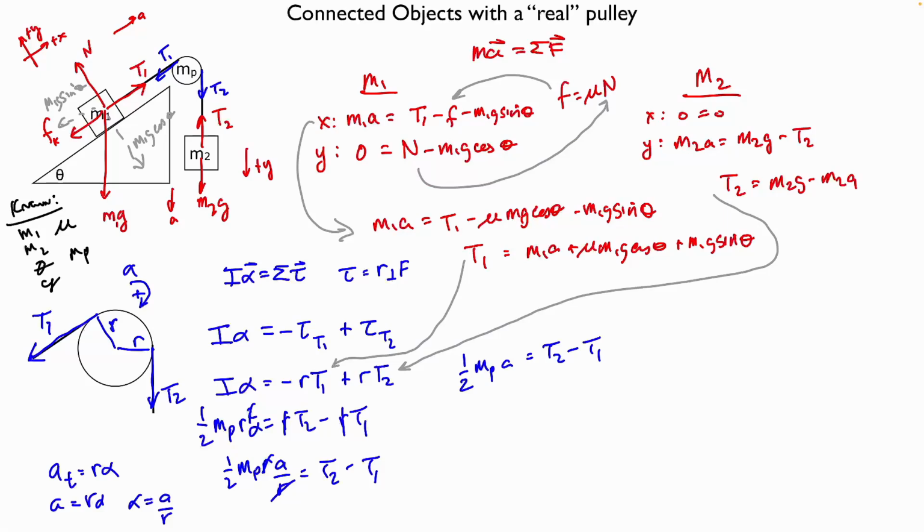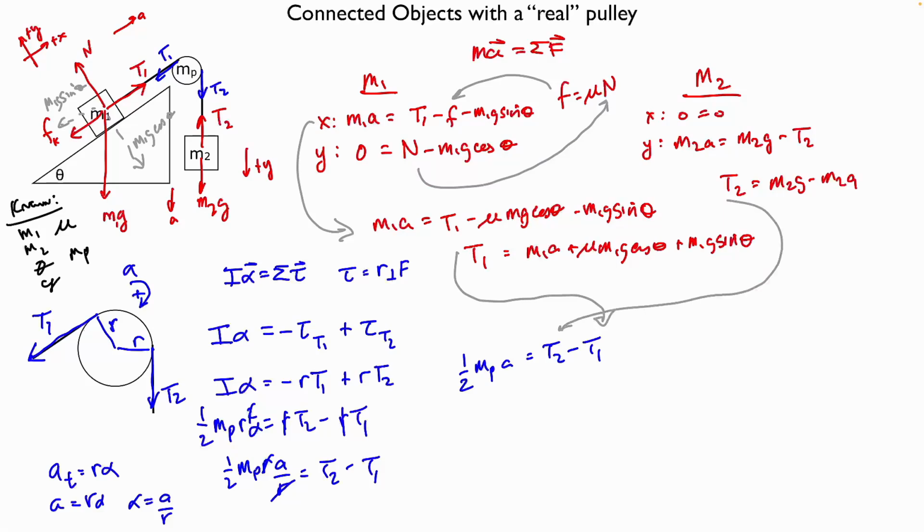And so really, I should put T1 into there, T2 into there, do a whole lot of math, and get the following symbolically.